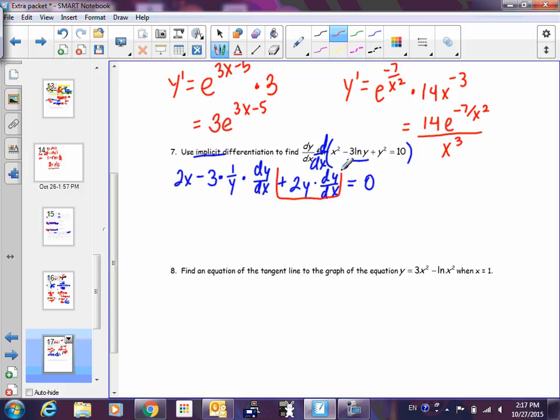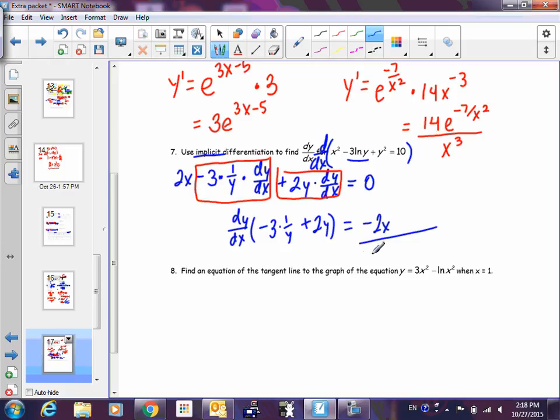And from here on out, this is just like the other problems that we've seen. Okay, so box the ones, just start at the dy over dx and go all the way back until you're not multiplying anymore. Okay, so that 2x is the only thing that gets moved over to the right. On the left, I'm going to factor. And I'm going through this part quickly just because this is review.